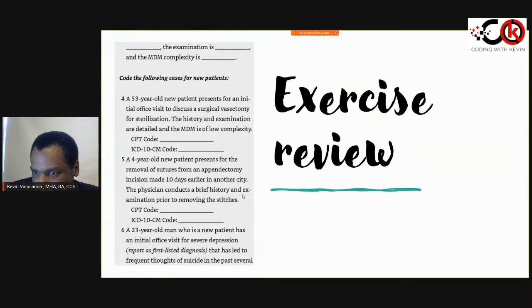Our understanding is you don't charge for sutures already put in by the same provider. I'm not understanding how it came to be a new patient. The key is that it says made 10 days earlier in another city.